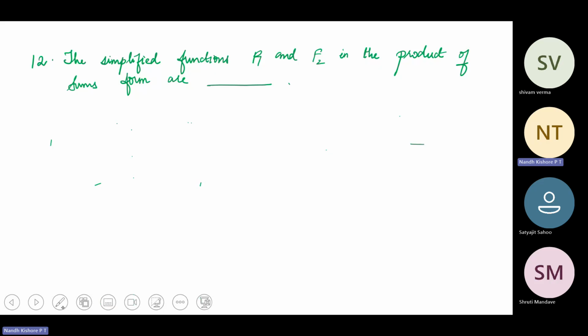So again, let's go back to our K map from the truth table.